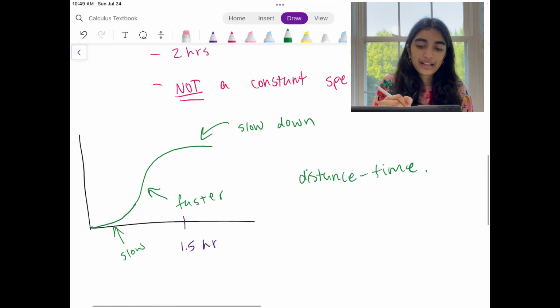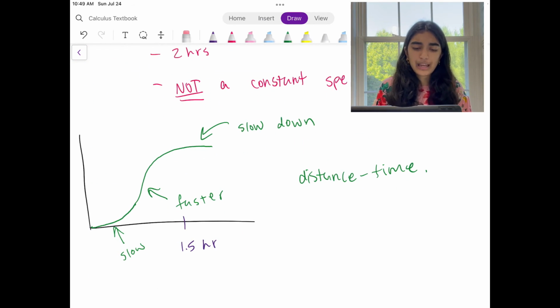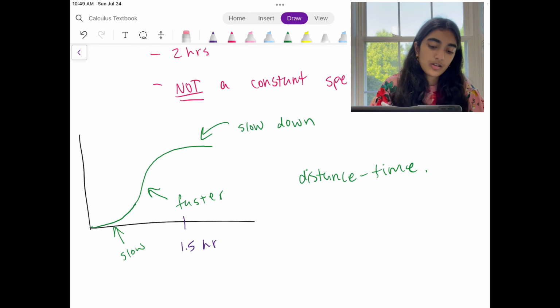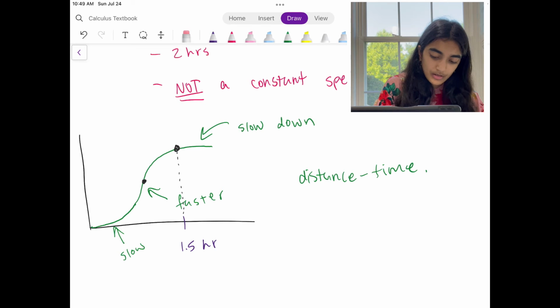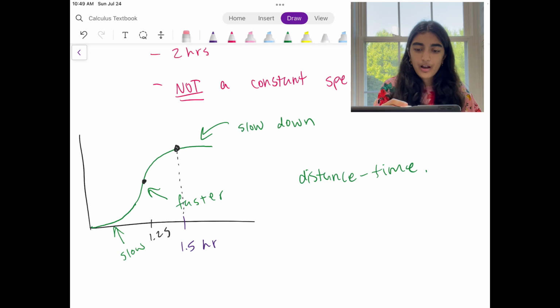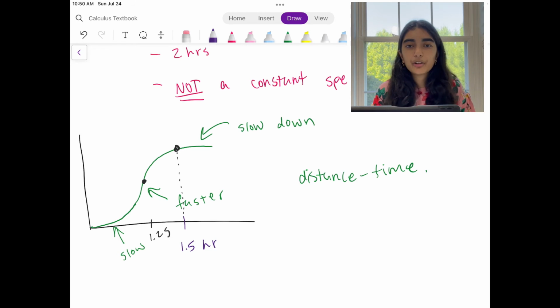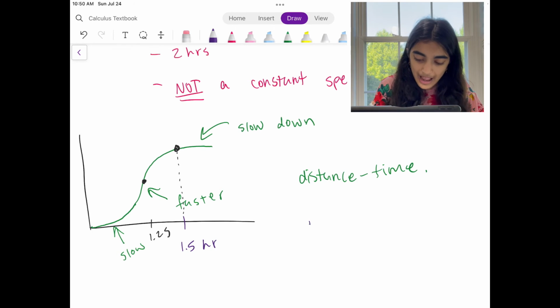Before we answer that question, let's just take it at 2 points, what we've always been doing. Let's take 2 points here, at this 1.5. Let's just say that this is 1.25. And let's find the slope. Let's find the average rate, average speed.